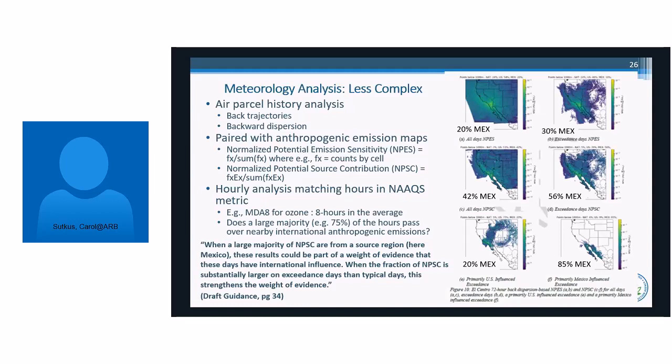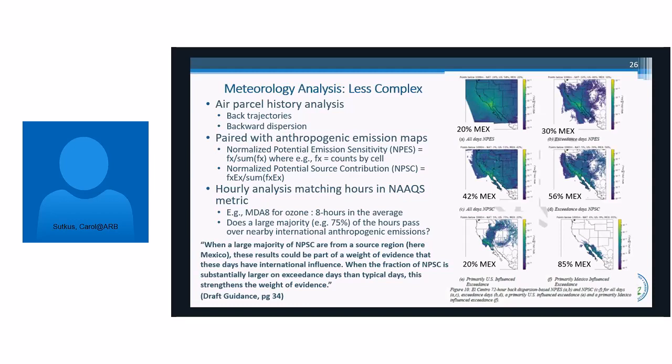So you can use normalized potential emission sensitivities developed from back trajectories and backward dispersion modeling, and you can multiply those by the emissions that you already have in this example, and try to understand what fraction of your emission sensitivity comes from U.S. sources or Mexico sources. And in this case, really highlighting the Mexicali influences.